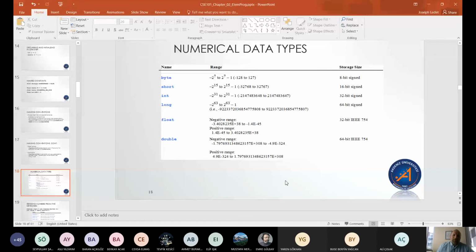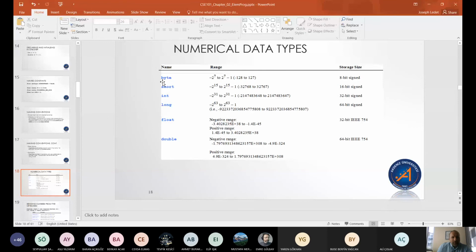And so if we have 8 bits for a byte, for example, we can represent the values from -128 to 127. Now, when you take your digital systems class, you'll understand all about why this is the way it is, okay? But these are the different data types.